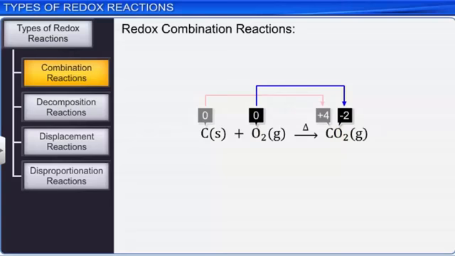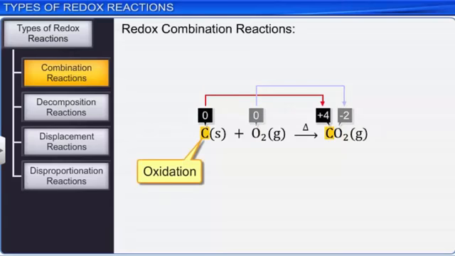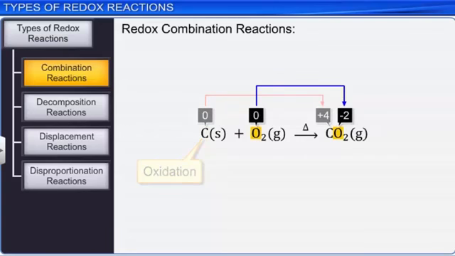Here, carbon undergoes oxidation, as its oxidation number increases from 0 to +4. Simultaneously, oxygen undergoes reduction, as its oxidation number decreases from 0 to -2.